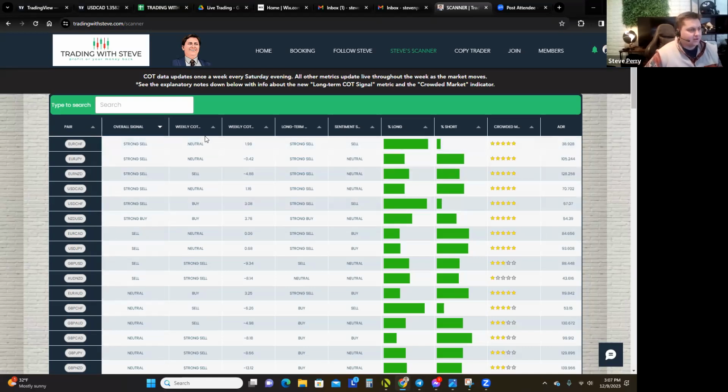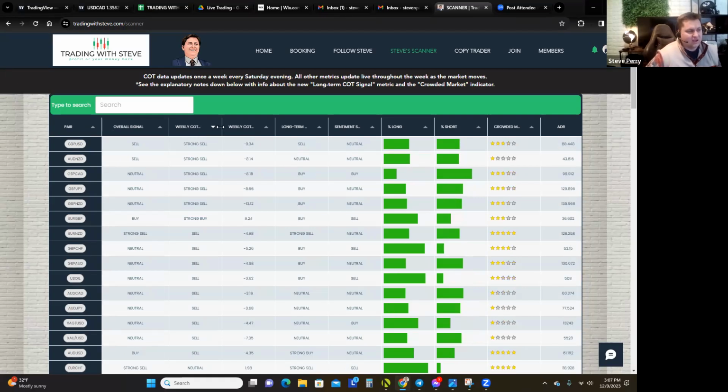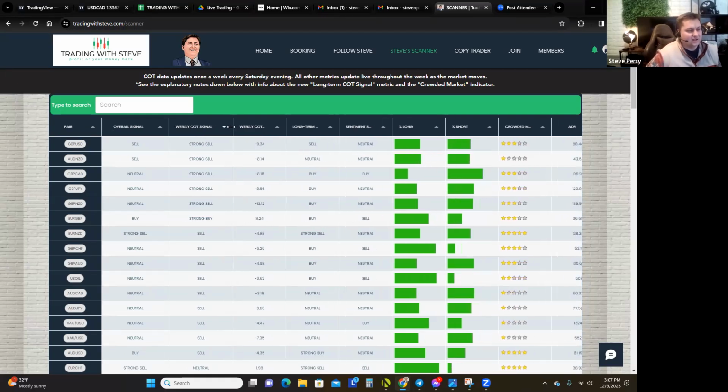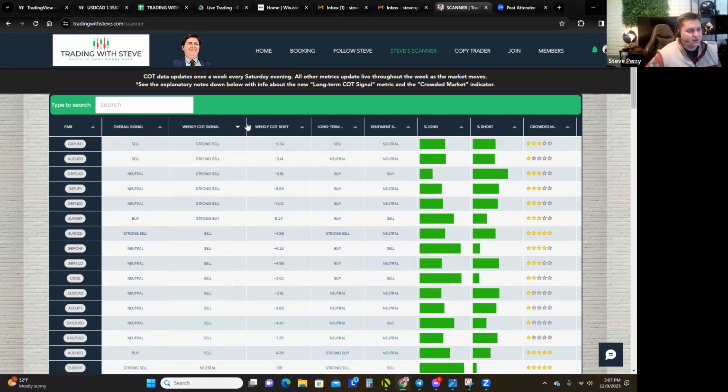Okay, let's move on to the next section. So this is the weekly COT signal. This has to do with the shift in COT data. These two columns right here, the weekly shift and the weekly COT signal, are two very much intertwined indicators or columns, okay?